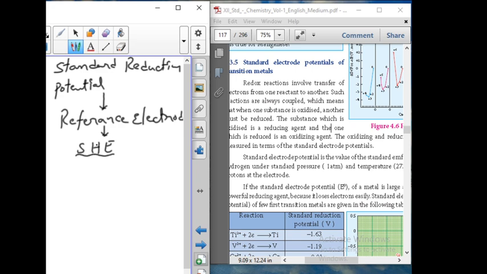What does SHE mean? Standard hydrogen electrode. This standard hydrogen electrode can act as the reference electrode.